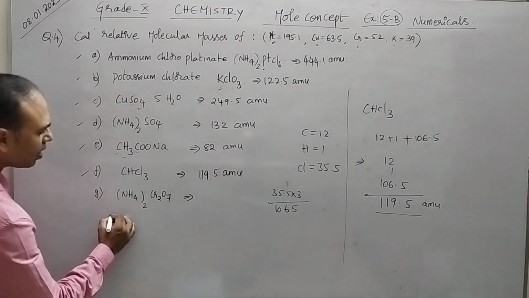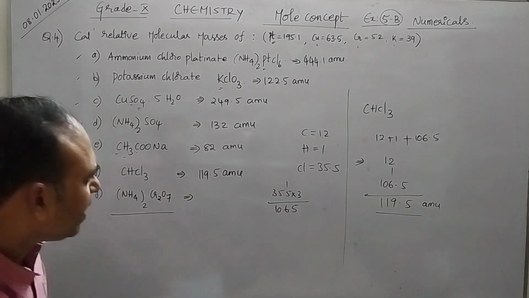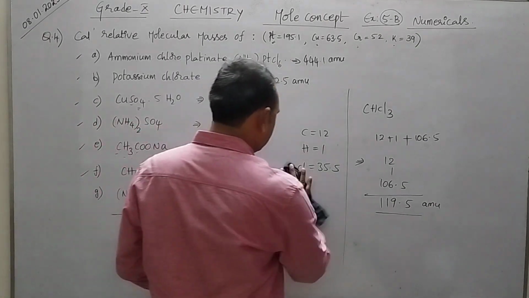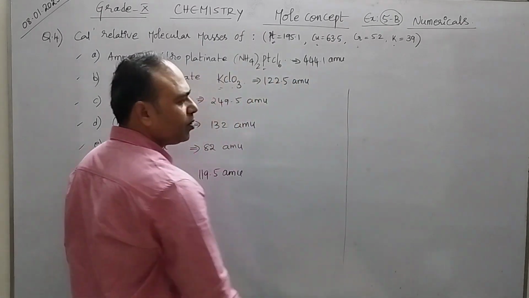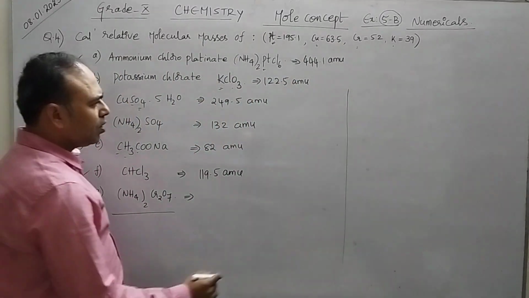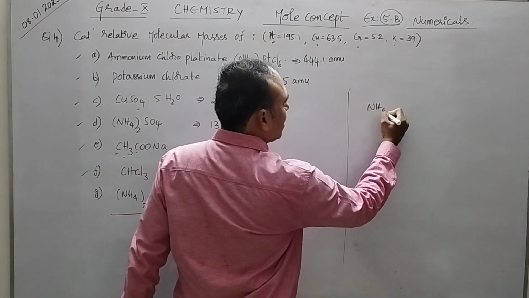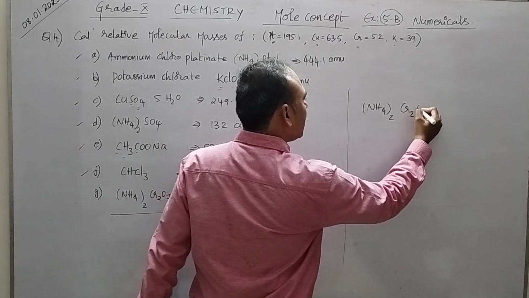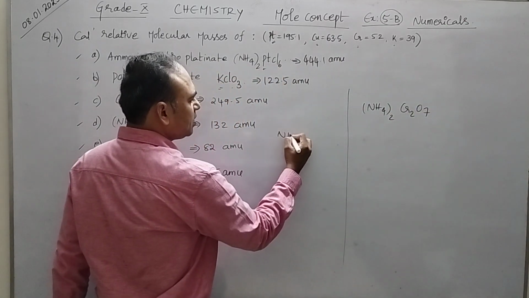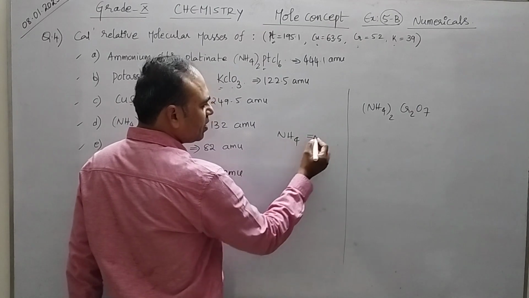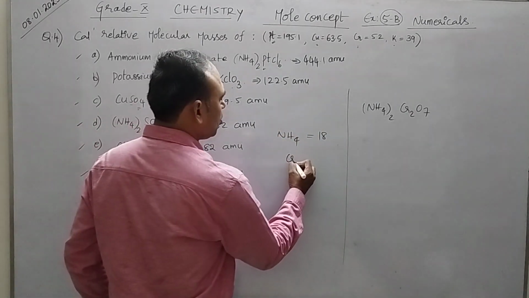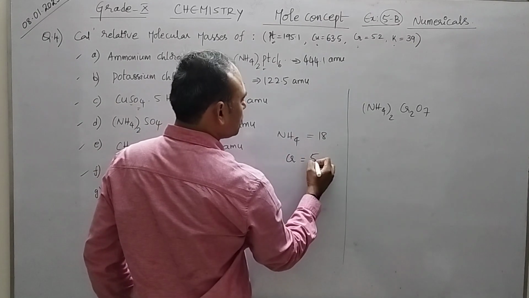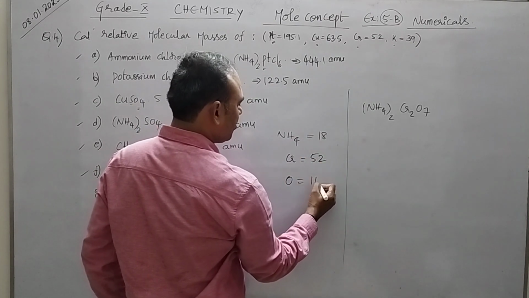Now the last one is ammonium dichromate. Let us write ammonium dichromate. Hope you are following this very easy method. So ammonium NH4 is taken twice here. First and foremost, ammonium 14 plus 4, we have 18, the molecular mass. Next, for chromium 52, oxygen is 16.